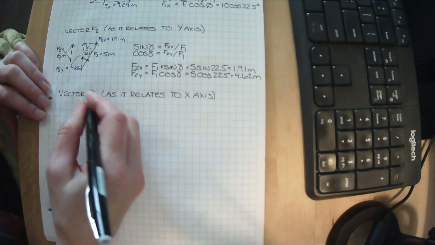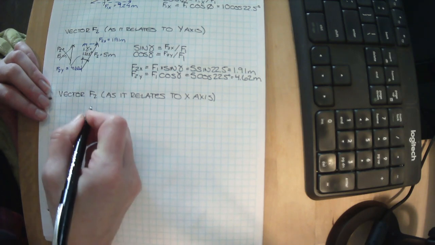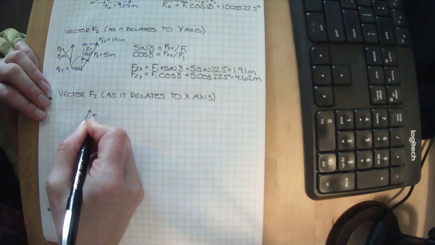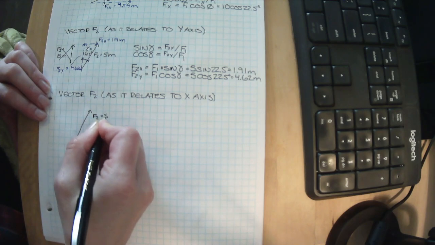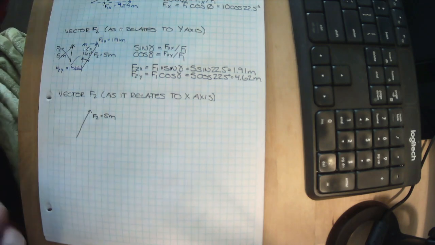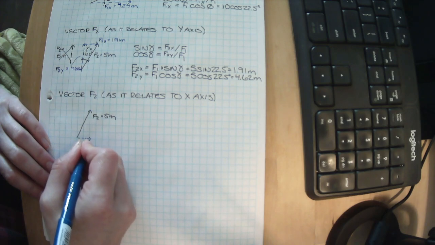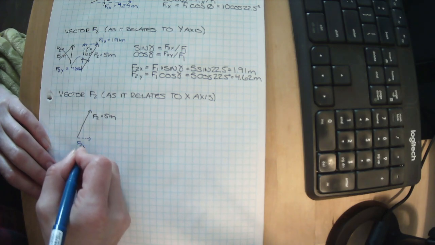Okay, let's draw the exact same thing again. So here's F2 equals 5 meters. I'm going to draw F2x.